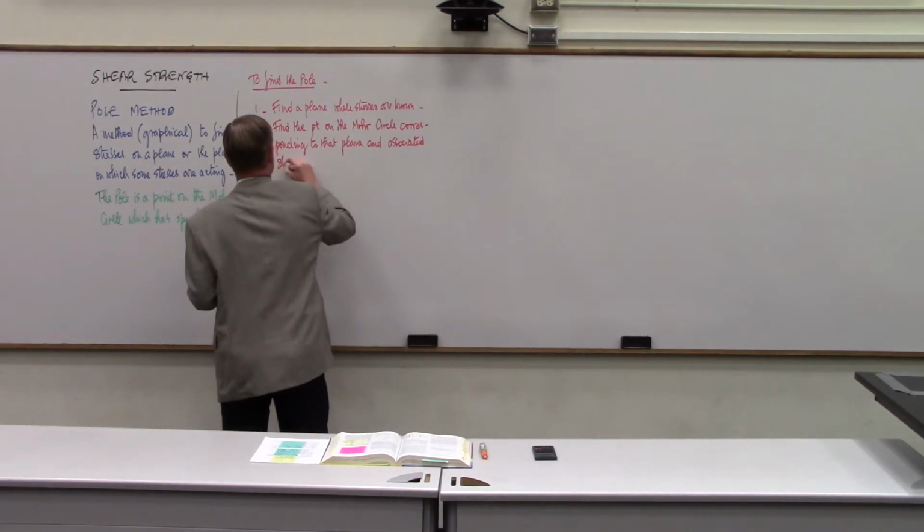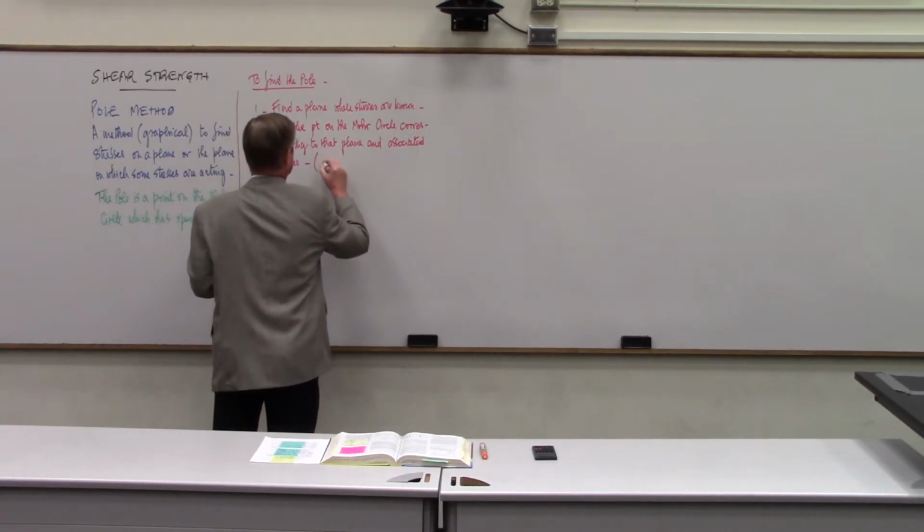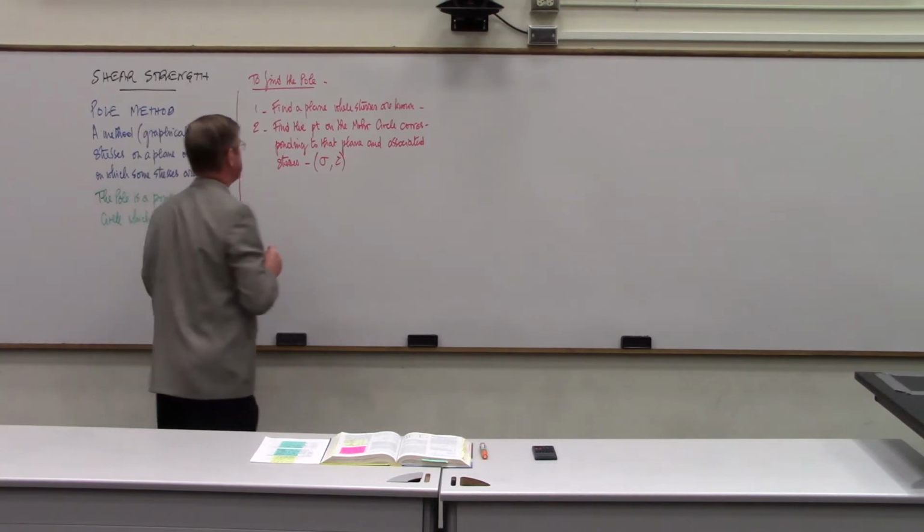So in the Mohr diagram, we have a set of stresses, which are the normal stress and the shear stress.